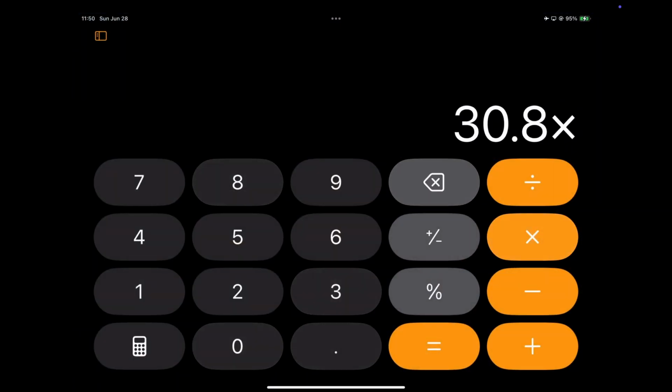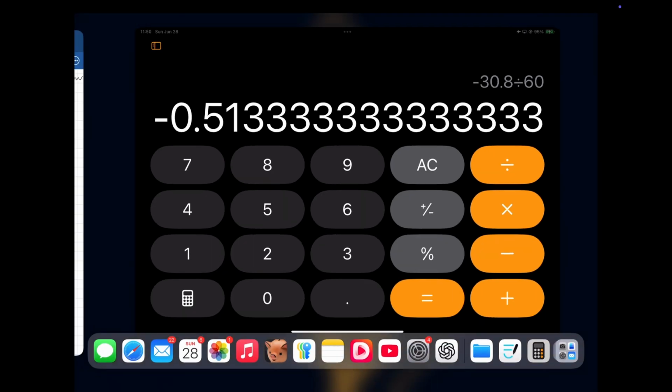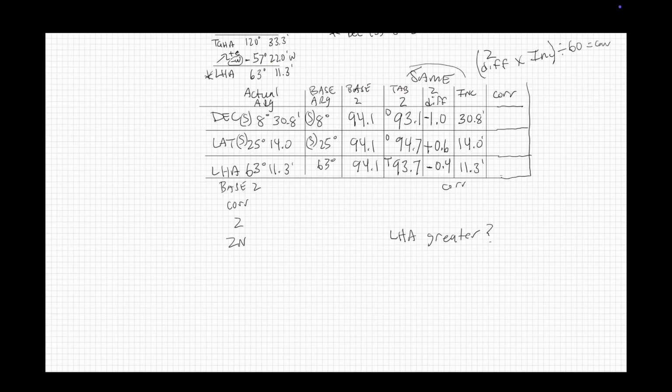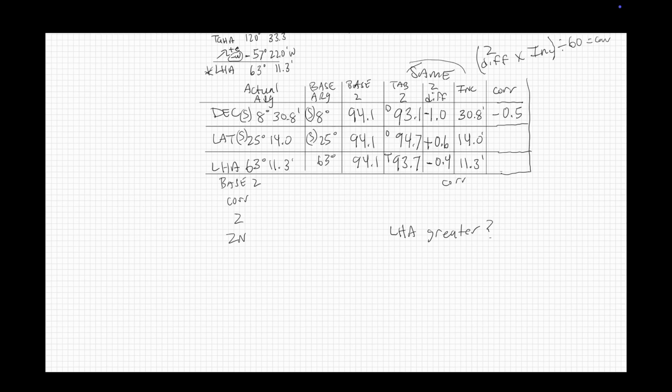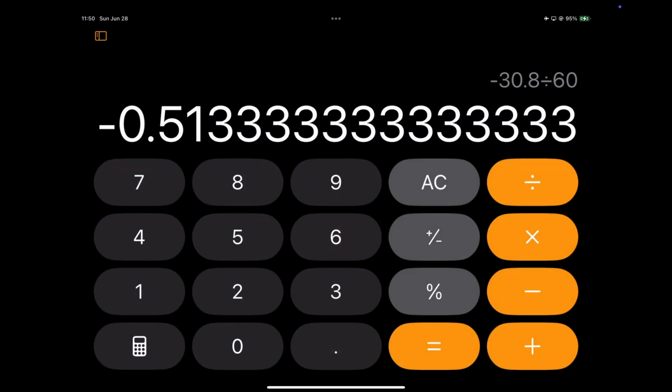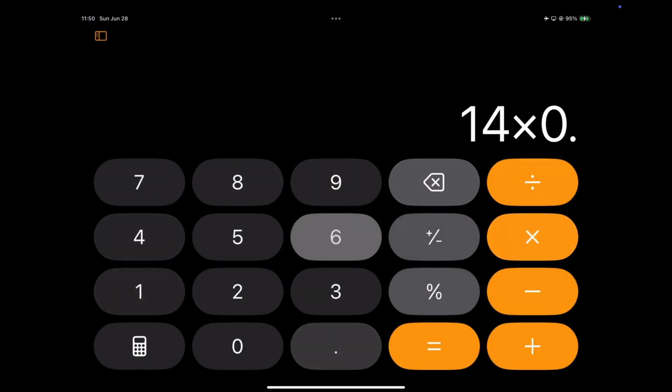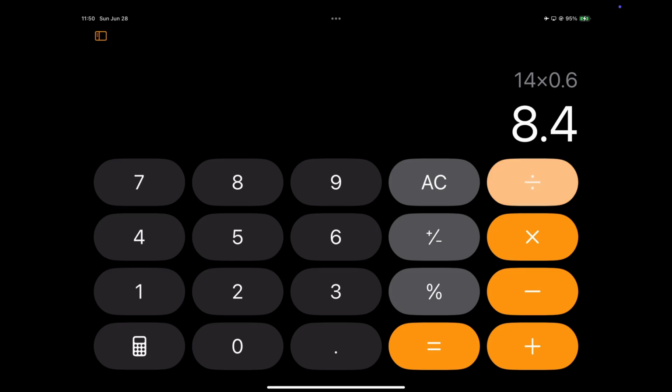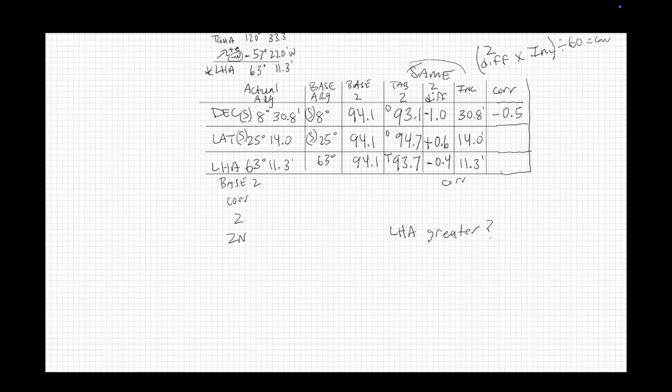That is negative 30.8 divided by 60 equals negative 0.5. 14 times 0.6 equals that, divided by 60, plus 0.1.